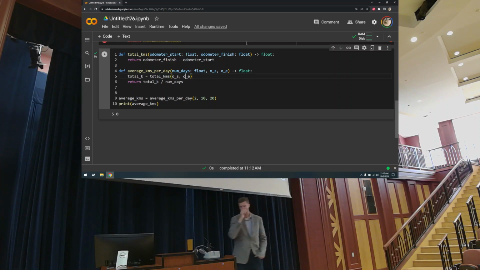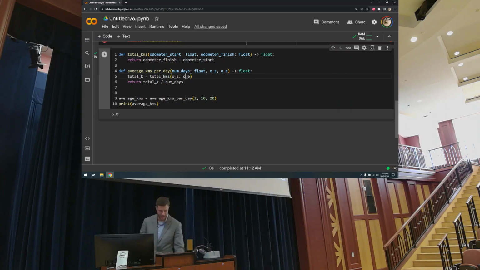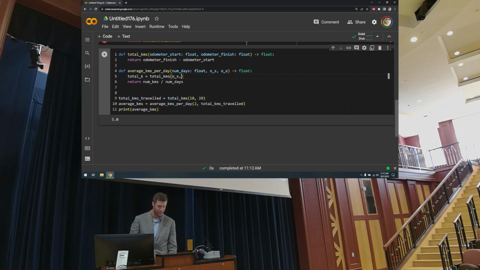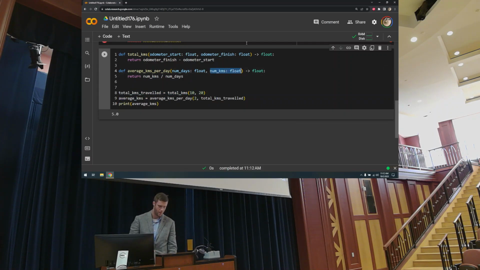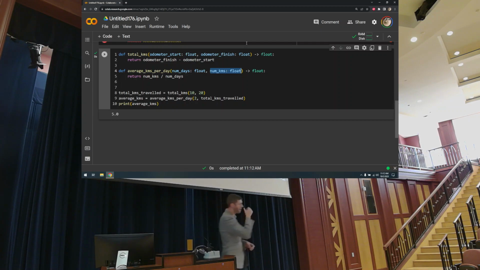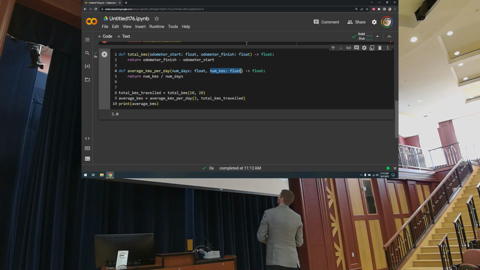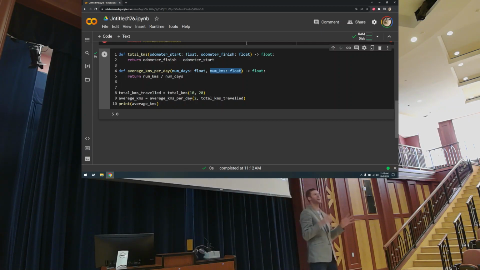But sometimes it's nice to make it so it's like this. Some people would say, well, this is a little nicer because now average kilometers per day, that function, doesn't depend on another function.